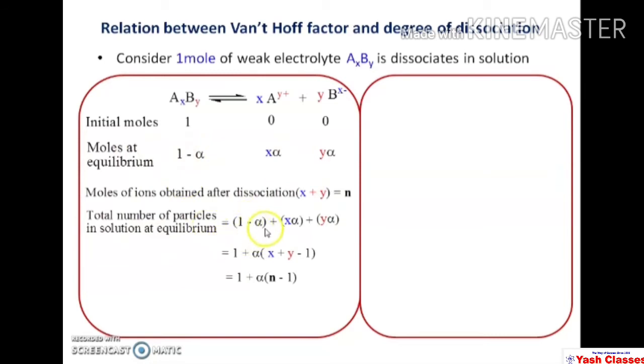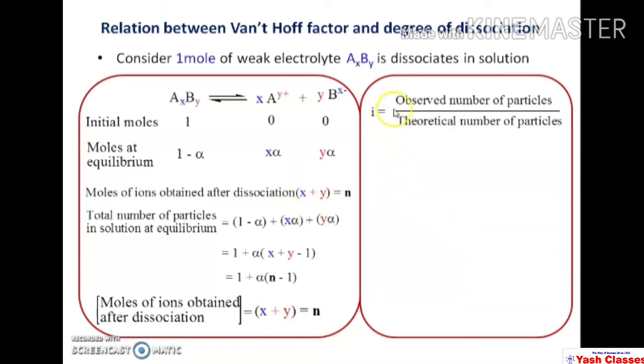So that is equal to 1 minus alpha plus x into alpha plus y into alpha. Now when we simplify this, it is equal to 1 plus alpha into bracket x plus y minus 1, or that is equal to 1 plus alpha into bracket n minus 1. Now the moles of ions obtained after dissociation, as I already told you, is x plus y, that is equal to n.